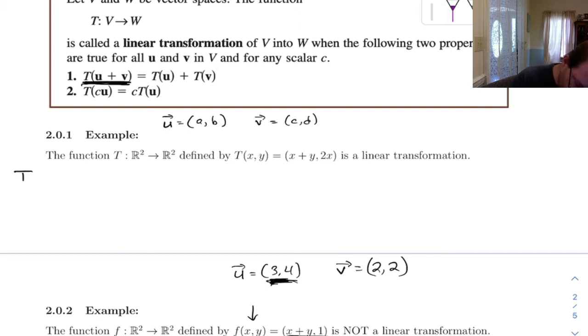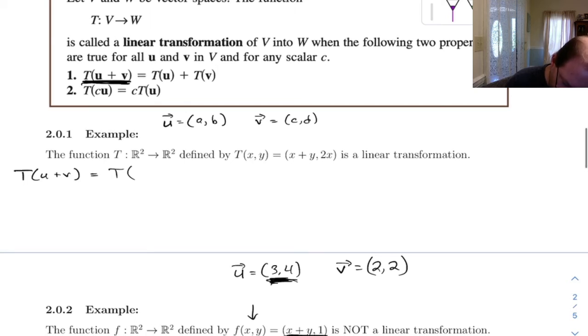T of u plus v. u is (a, b), so that's T of (a, b) plus (c, d). You can add those together, so you get (a plus c, b plus d).